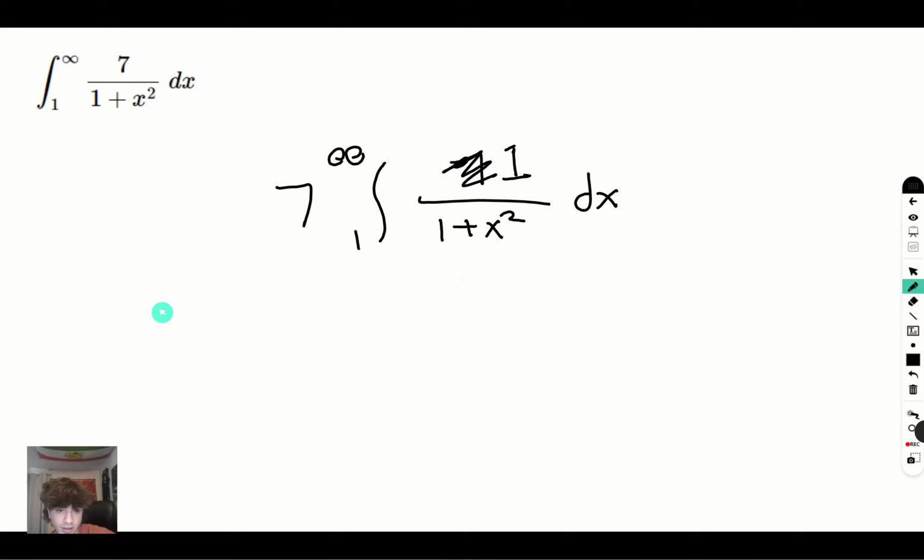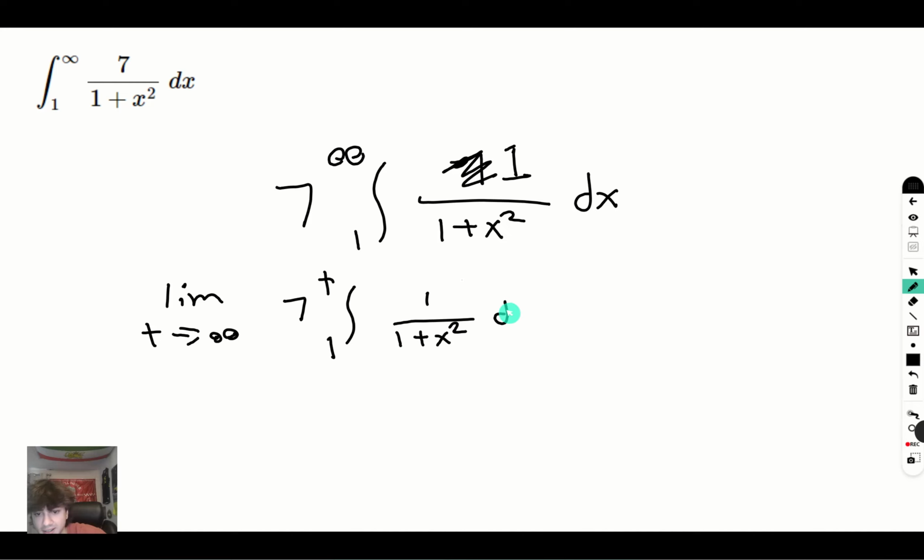From here, we're going to make a limit as t approaches infinity, and call this up here t, the integral from 1 to t of 1 over 1 plus x squared dx. This equation may be familiar to you. If not, it is the arctangent equation, meaning that when this integral is evaluated, arctangent of x is what comes out of the integral.